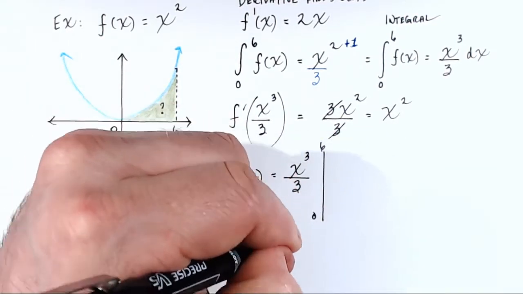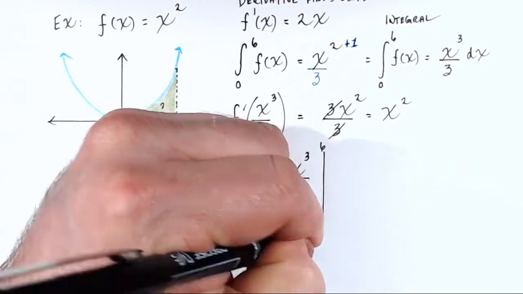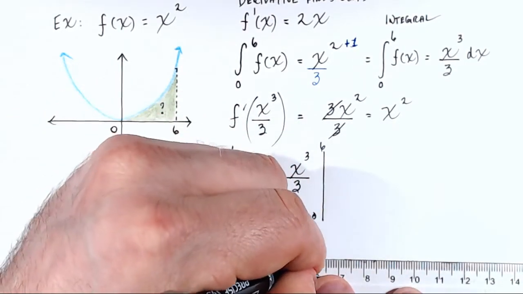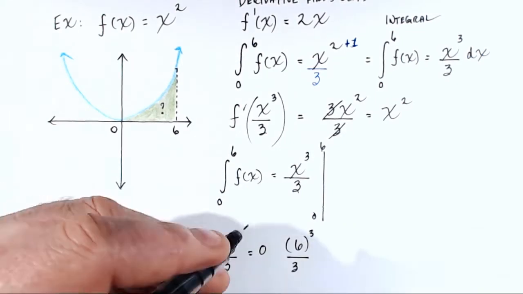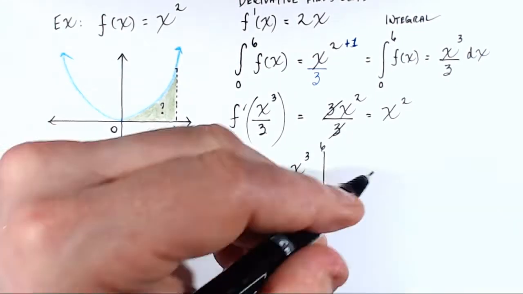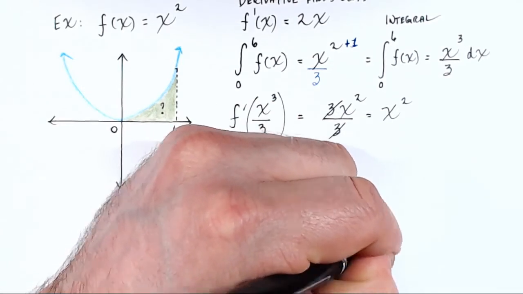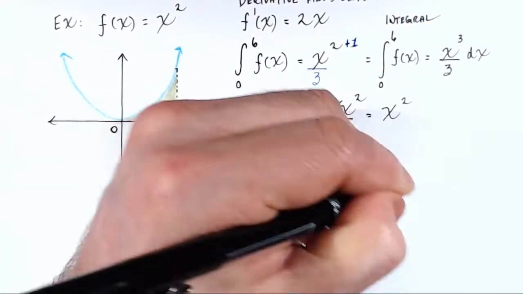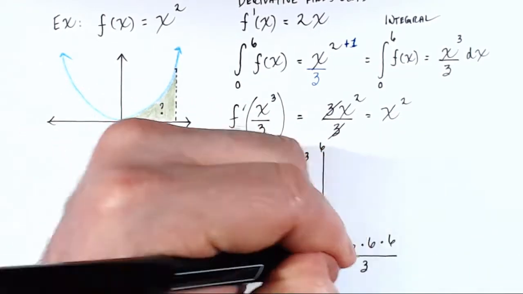And we will also plug in a 6. 6 cubed over 3. So what is 6 cubed? This is equal to 6 times 6 times 6 over 3.